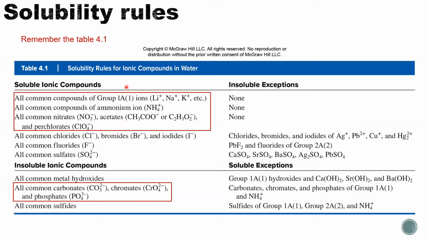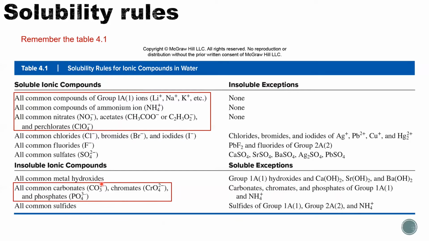All of them are soluble compounds, to be more specific, soluble ionic compounds. There are no exceptions to it. And for the insoluble part, all common ionic compounds, including carbonates, chromates, and phosphates, are insoluble. However, there are a few exceptions, as we mentioned in the top part. So please remember this table 4.1.